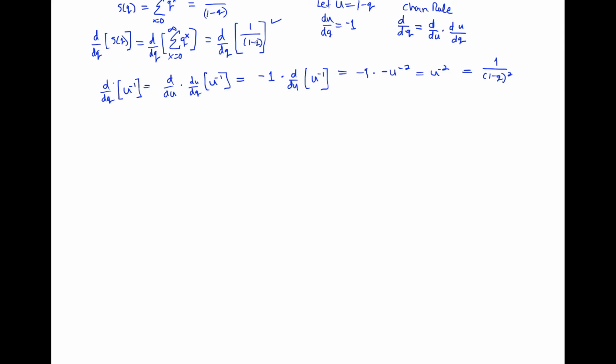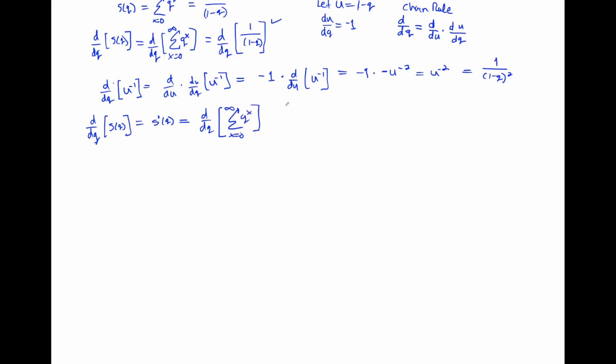Okay, so that's going to be our derivative of the closed form solution for this geometric series, this infinite sum. Now we're going to look at the derivative of the formula. So d dq of S of q, another way we can write that is just S prime of q, is equal to d dq of our infinite sum, x goes from 0 to infinity, q to the x power.